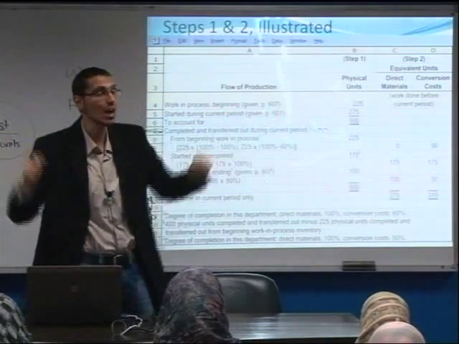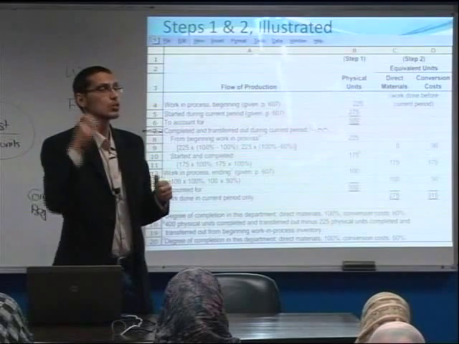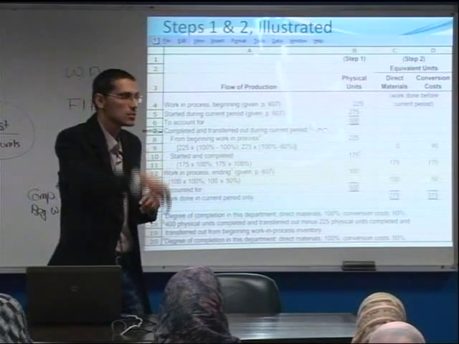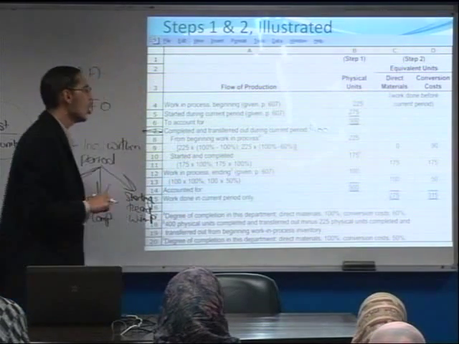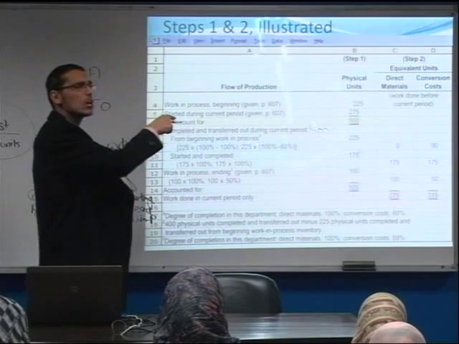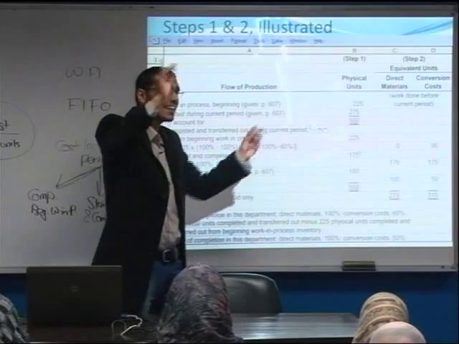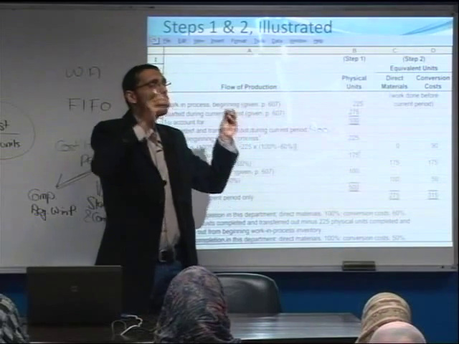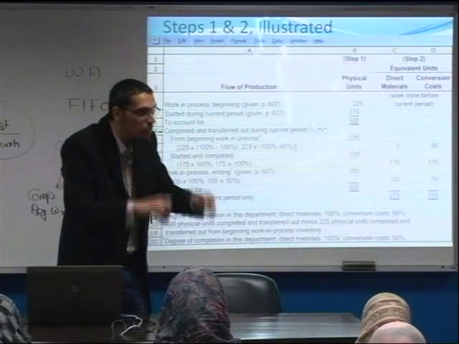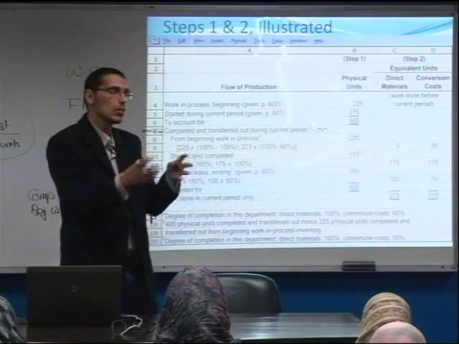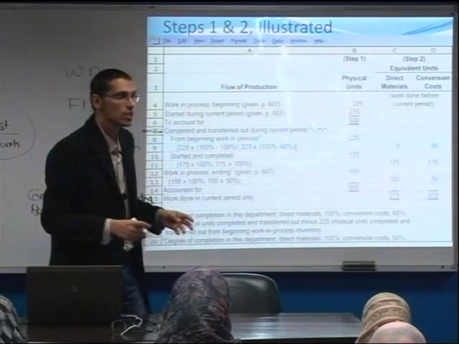We have separated the units that were started in the previous period and the units that are started within this period. Of course, the 100 ending work in process is always designated as work that has started within the period but has not been finished yet.